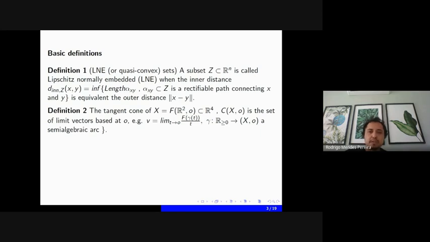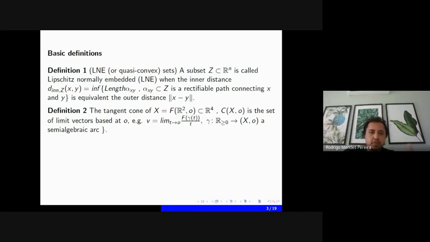Another important definition is the tangent cone. The definition, according to our context, is the set of limit vectors based at zero. It means that you take the limit of all the arcs on X, given by the image of arcs from the plane. The arc means a semi-algebraic map like this, and then the set of these vectors is called the tangent cone.